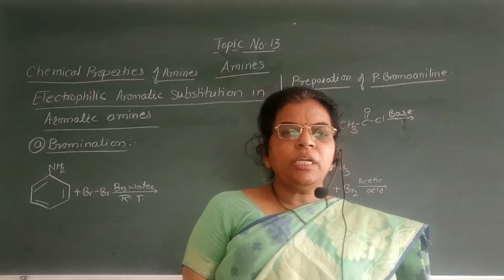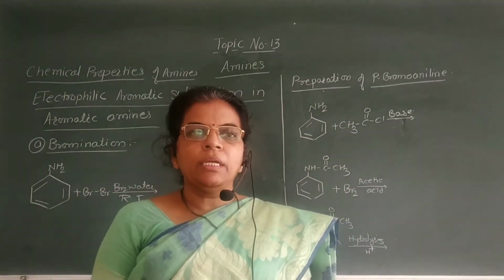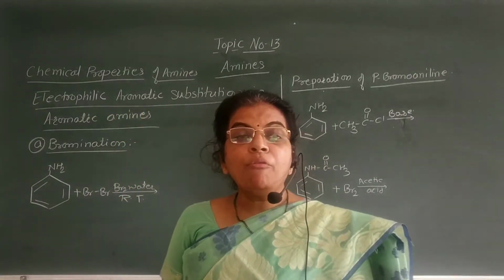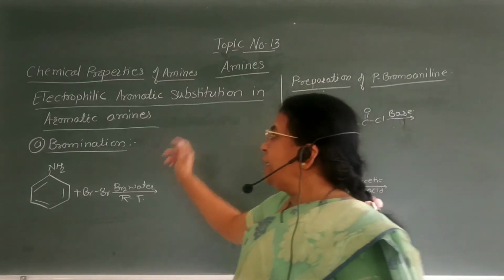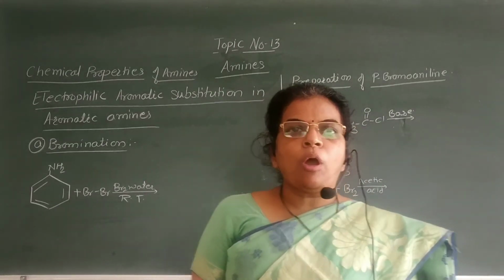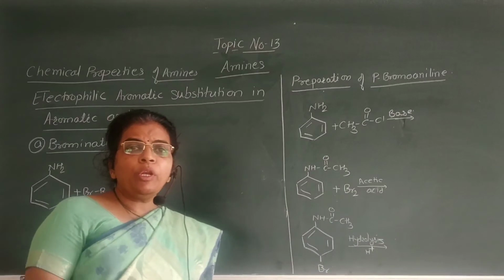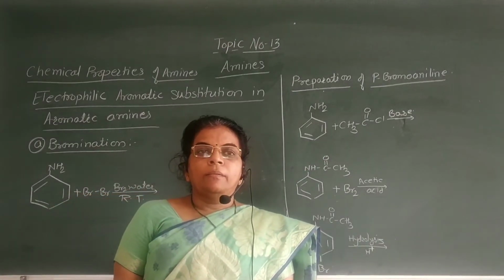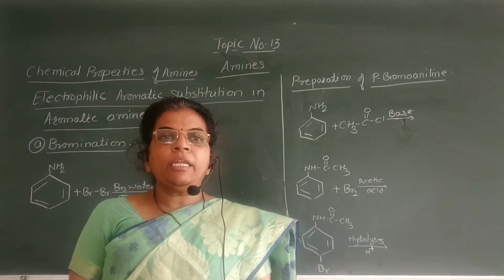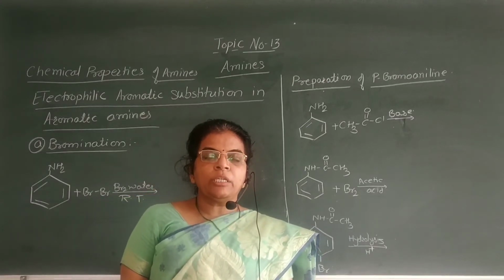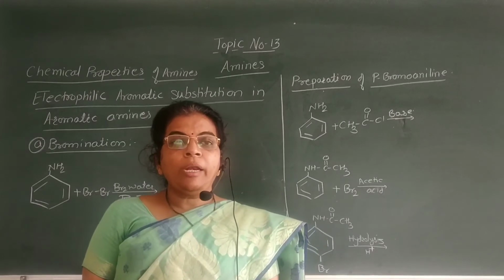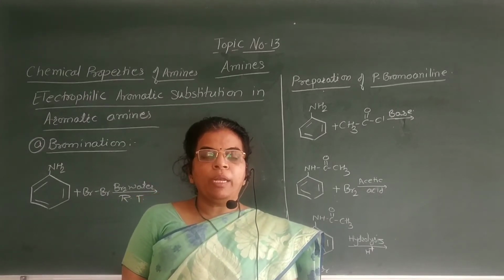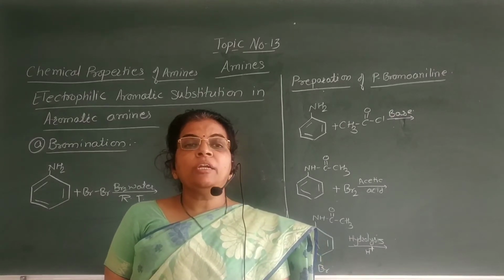Now we are going to see the next chemical property, that is electrophilic aromatic substitution of aryl amines, that is, electrophilic aromatic substitution of anilines. We know that in aromatic amines or aniline, the NH2 group is directly attached to the benzene ring, and on the nitrogen atom of the NH2 group there is a lone pair of electrons which is conjugated with the benzene ring.